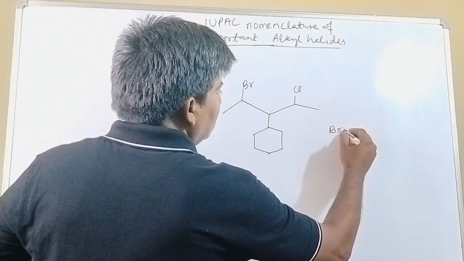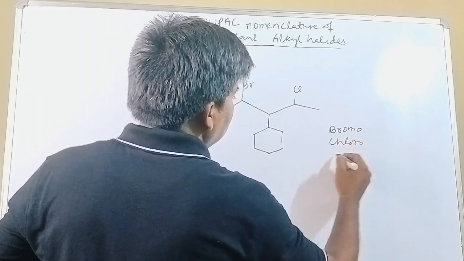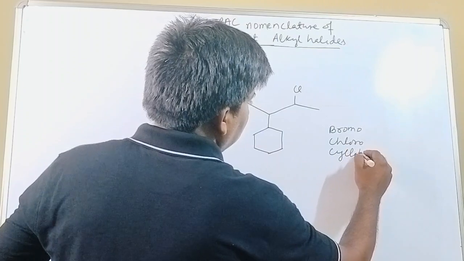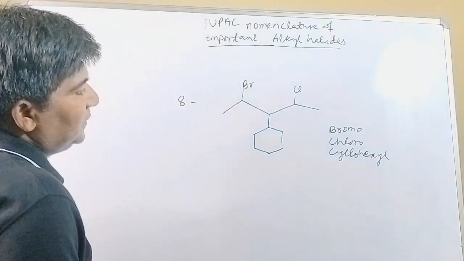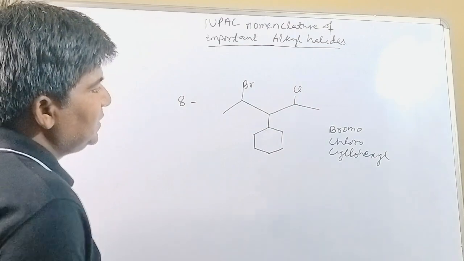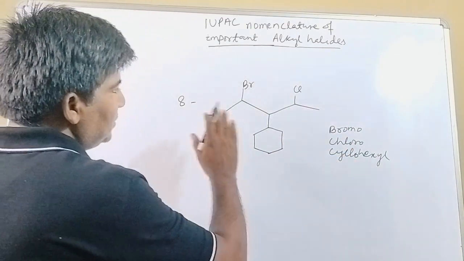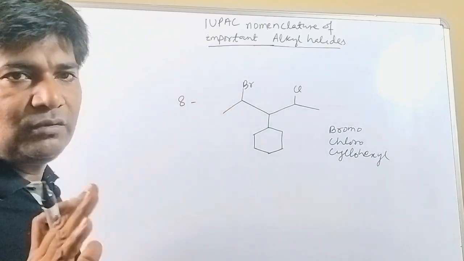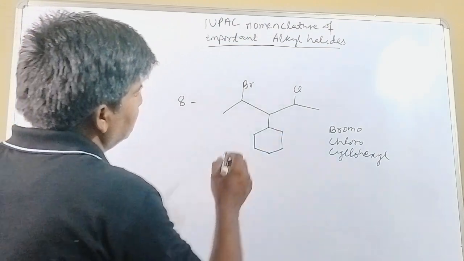One is bromo, another is chloro, the next one is cyclohexyl. These are mentioned in alphabetical order. So we should start numbering such that bromine is assigned the lowest possible locant because it comes first in the alphabetical order.